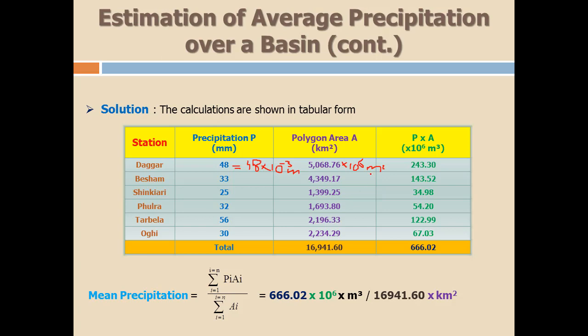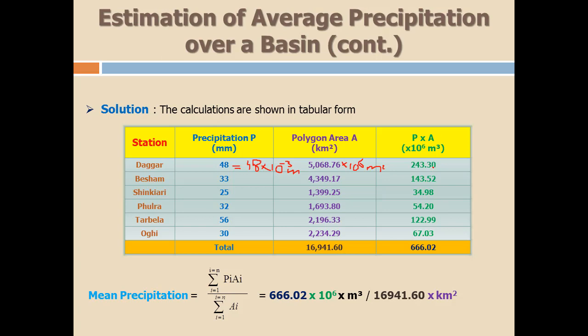In the same way, all of these are multiplied. 33 is multiplied with this one, similarly there. After multiplying the precipitation and polygonal areas of all 6 stations, finally we sum up all these polygonal areas. This is the total catchment area, 16,941.60 square kilometer.